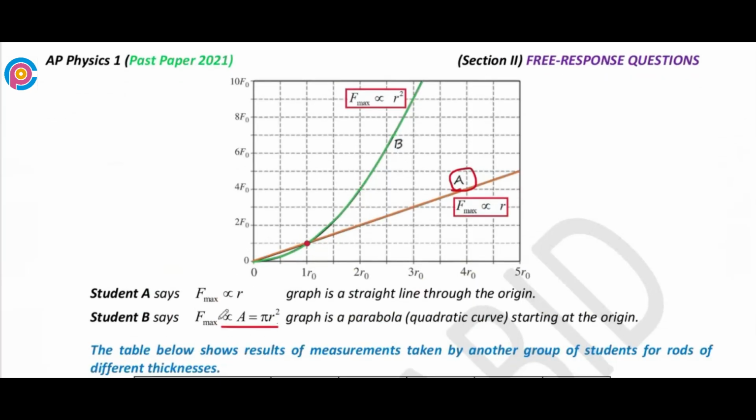Area is pi r squared, so the graph is an upward quadratic curve, a parabola, starting from the origin. F maximum is proportional to r squared, and pi is the constant. So this is the Student B model. Both models cross over at R naught, F naught.